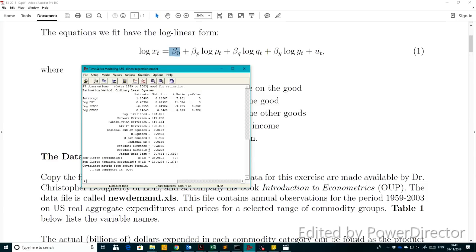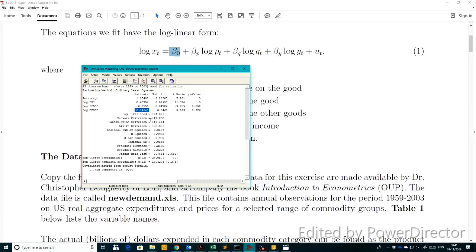So here you can see that we have the following observations. We have the t ratios here. Here is the intercept. This is the estimated coefficient for the log dpi, which is beta y. This is log p food, which stands for beta p, and the other is log q food, which stands for beta q.